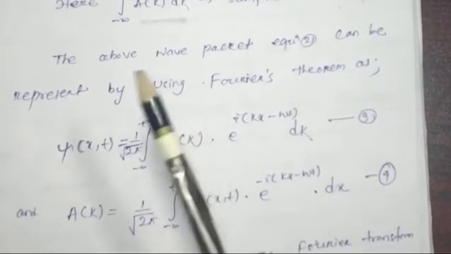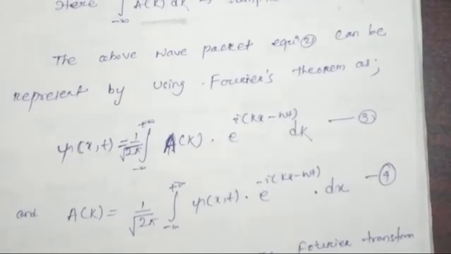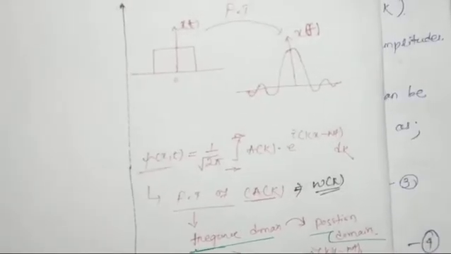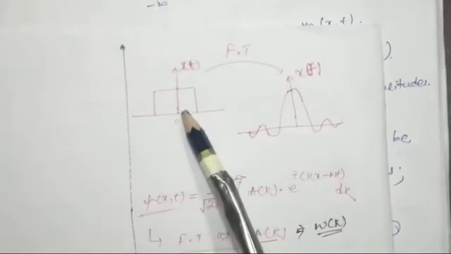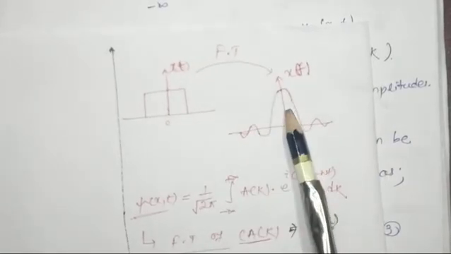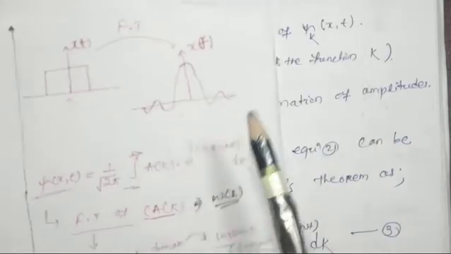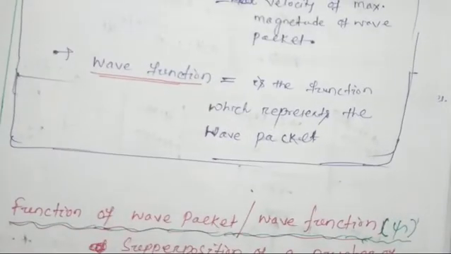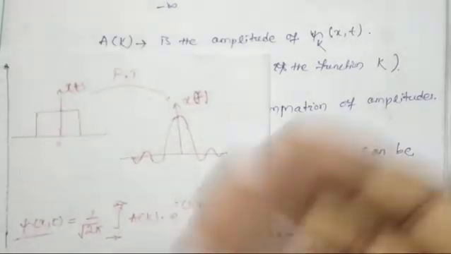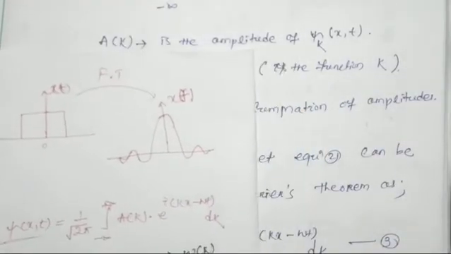Here we consider the Fourier transform because previously we discussed that if a time varying function has a Fourier transform, it will give the frequency varying function. If we compare this figure with this one, they are approximately similar. So only for that we are considering the Fourier transform, for our future mathematical expressions.